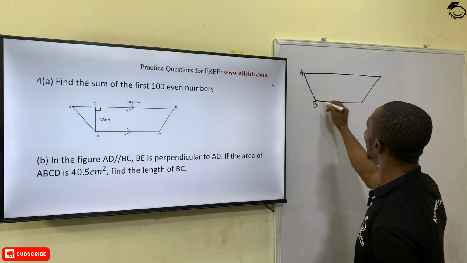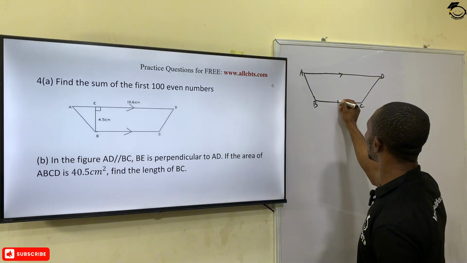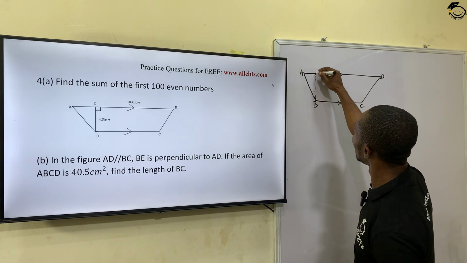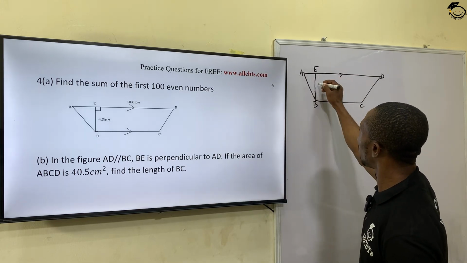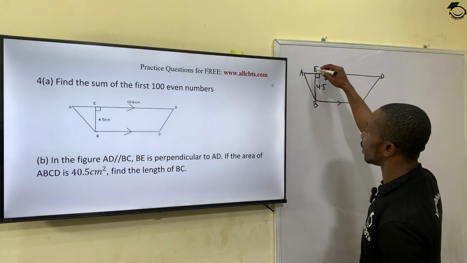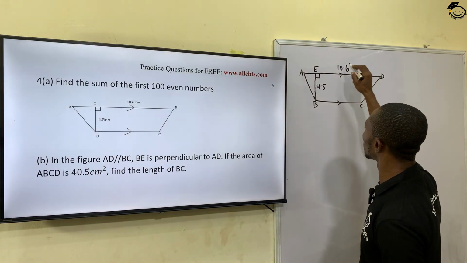A, B, C, D. AD is parallel to BC, and BE is the height of this shape, and is 4.5, and AE is 10.6.